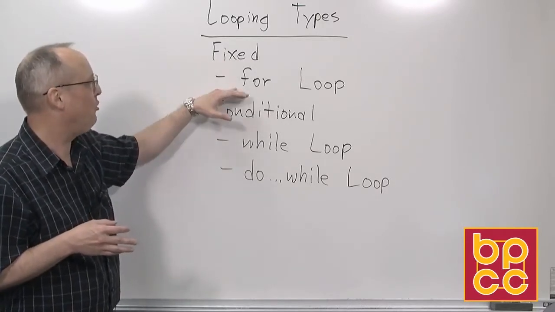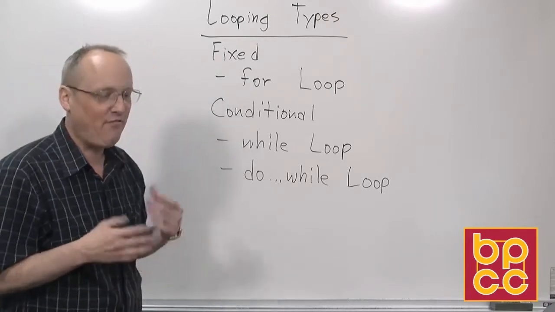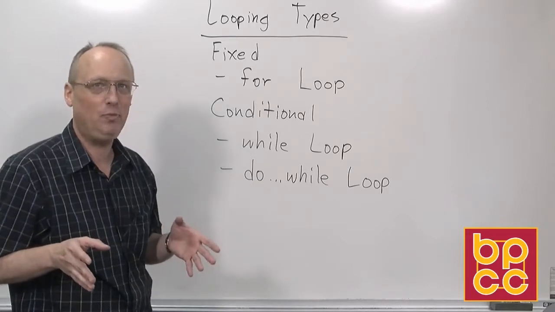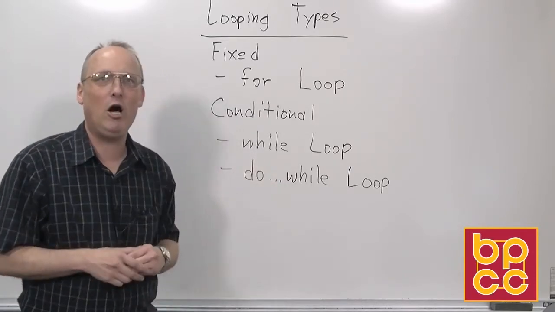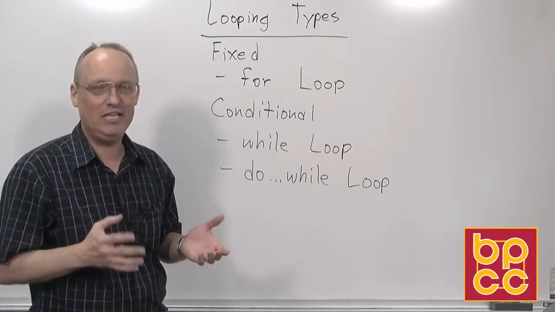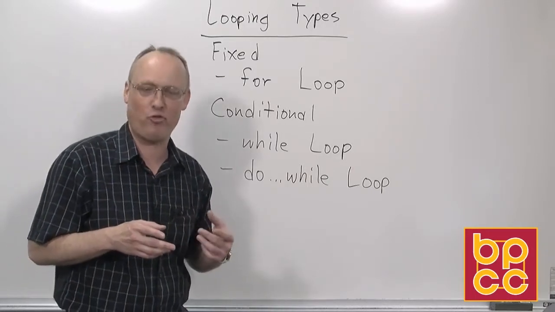The fixed loop is going to be a for loop. A for loop will be a loop that runs a fixed number of times based on the conditions defined in that loop. And then a conditional loop will be a loop that will run an unspecified number of times based upon a condition that will be rechecked every time through the loop.